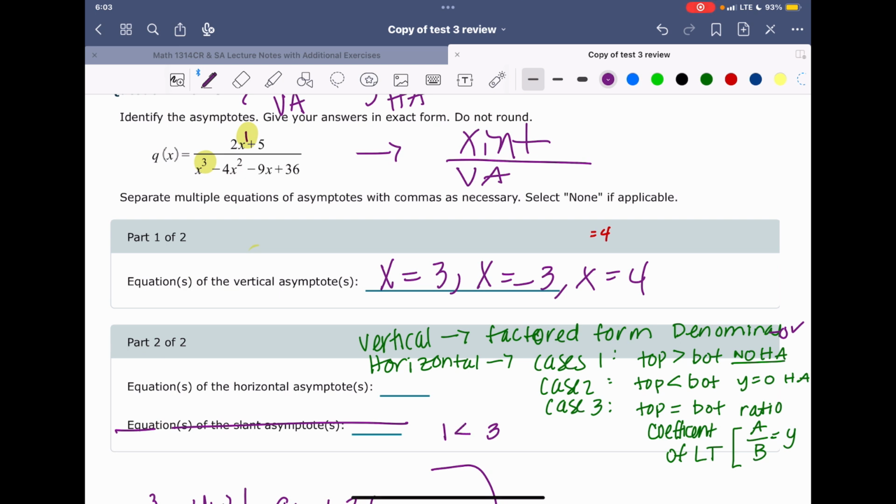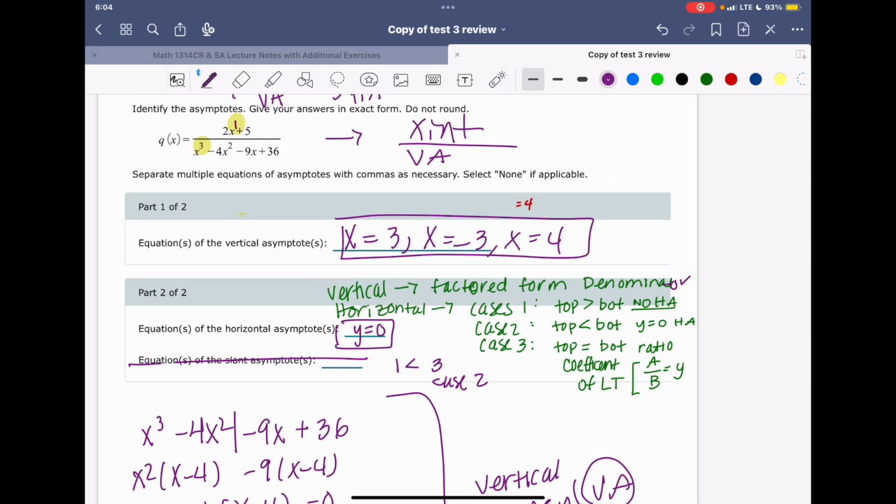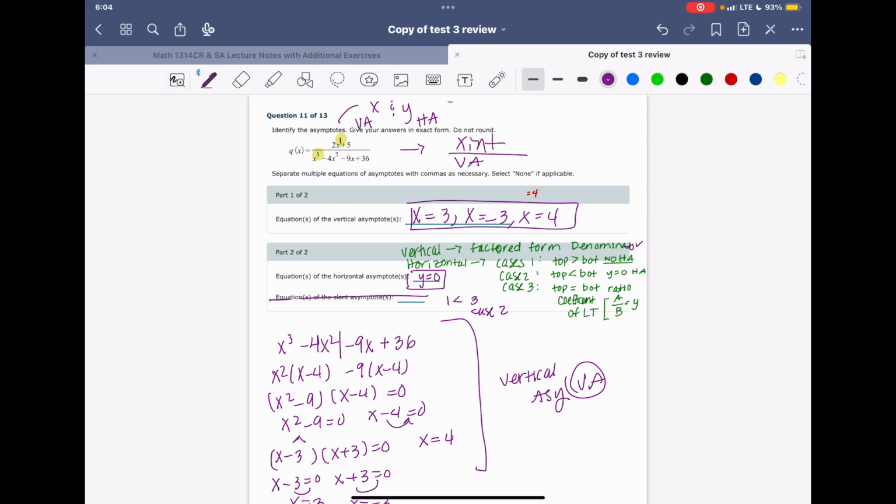So 1 is less than 3. And I want to read my cases. Where the top is less than the bottom, my horizontal asymptote is going to be y equals 0. So automatically y equals 0. And these are our solutions. This was case 2. There it is all together.